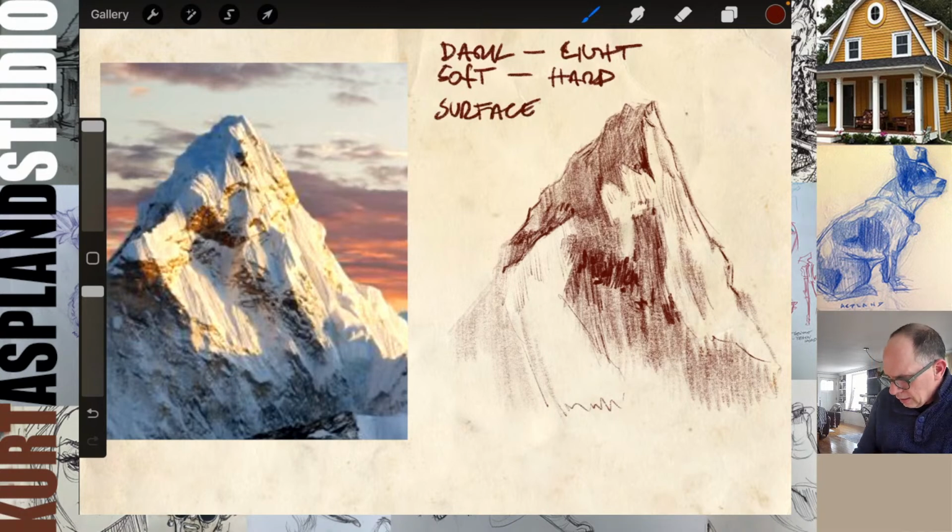Okay, so let's see here. You're going to start with the outline shape. Then you're going to come in and try to establish the main boundary of the shadowed side and dark side.